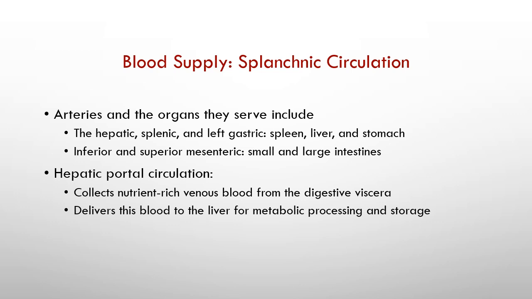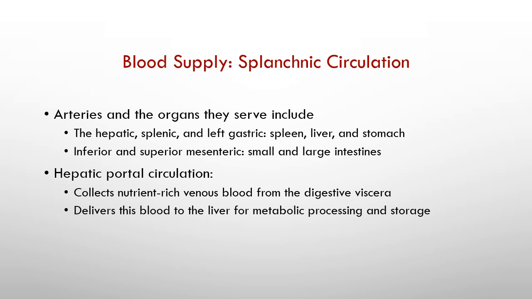So when it comes to blood supply, we've talked about the blood vessels already and the supply as it goes into the abdominal cavity. The major arterial supply coming off is our celiac trunk. That celiac trunk gives rise to the blood vessels that are going to feed the stomach, the spleen, the liver, and so on.